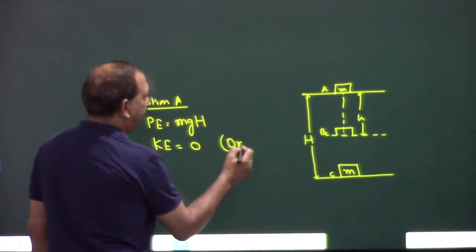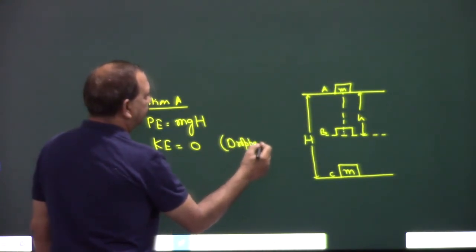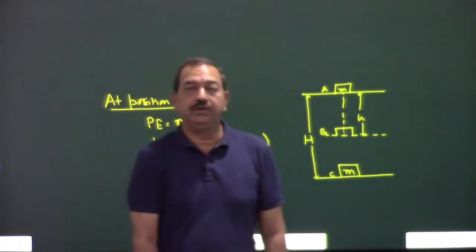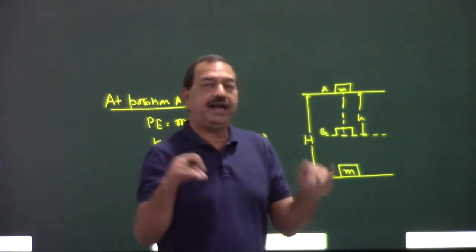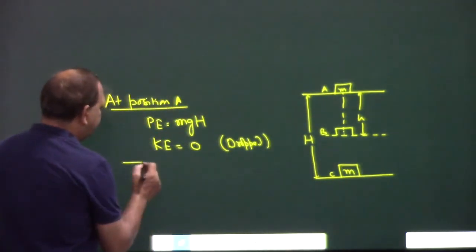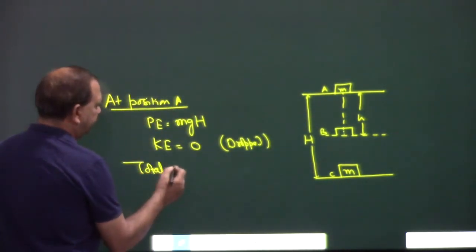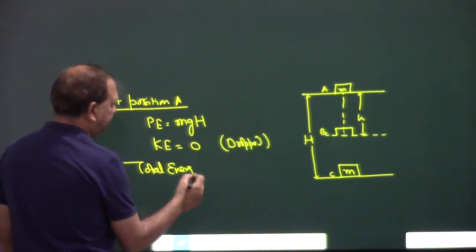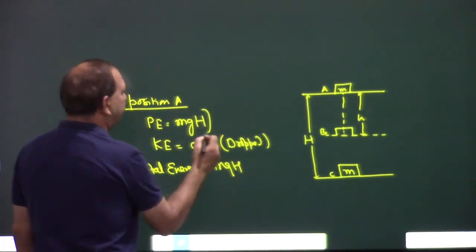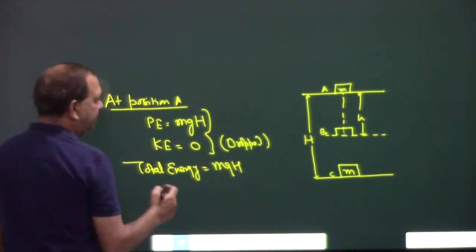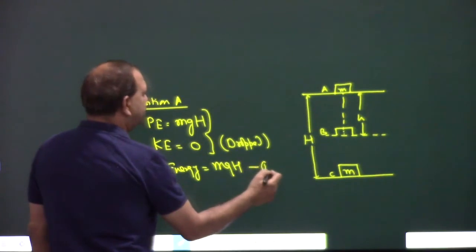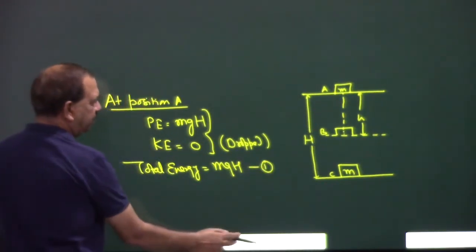Dropped means initial velocity is 0, so it does not have any kinetic energy at position A. So total energy is the sum of these two, that is mgH. Let's mark this equation 1.